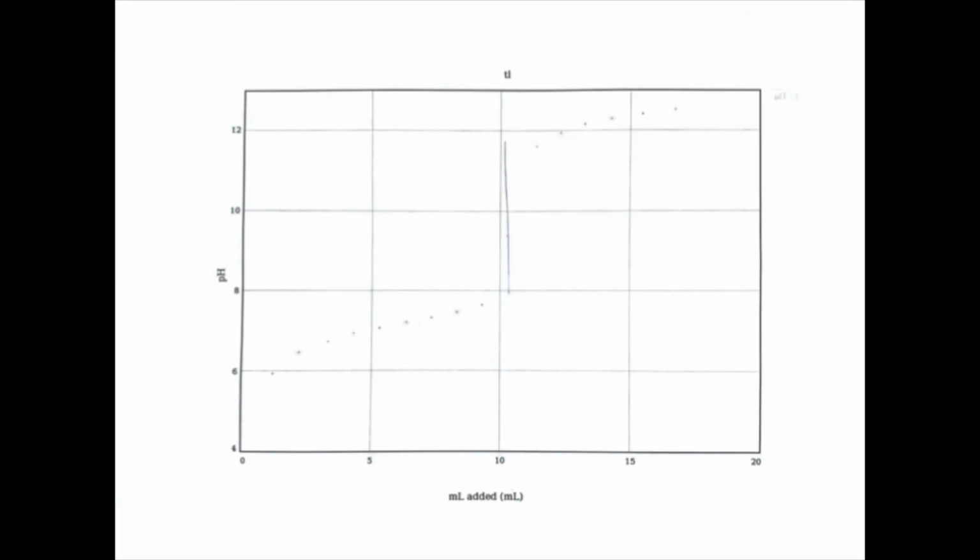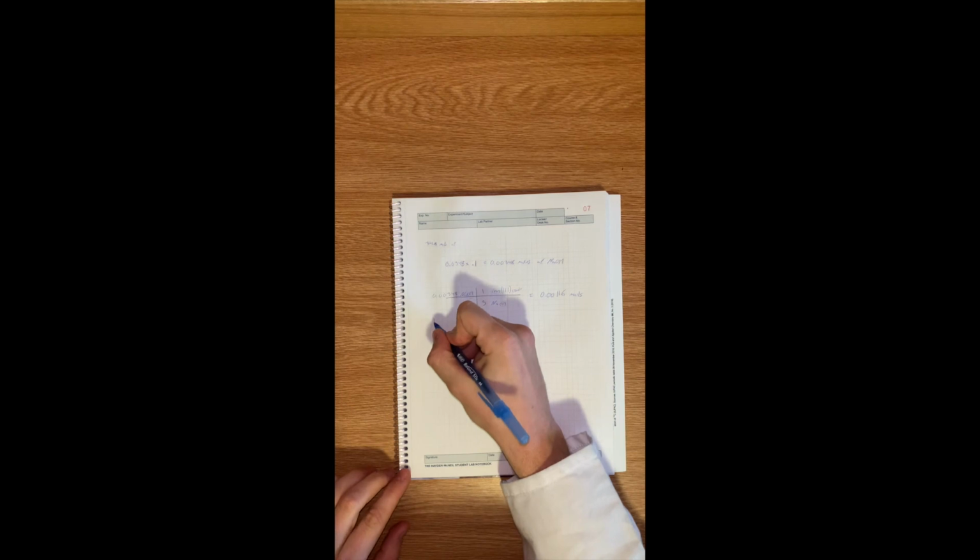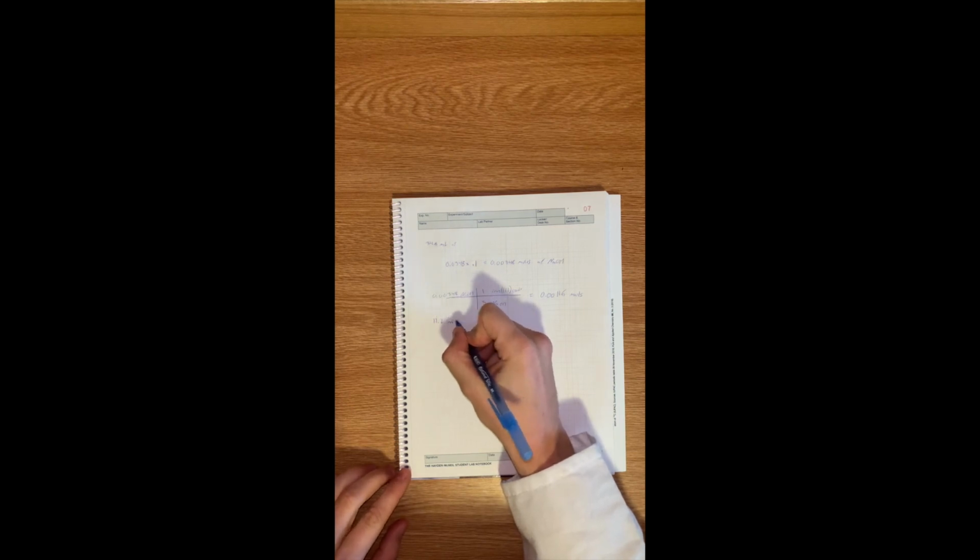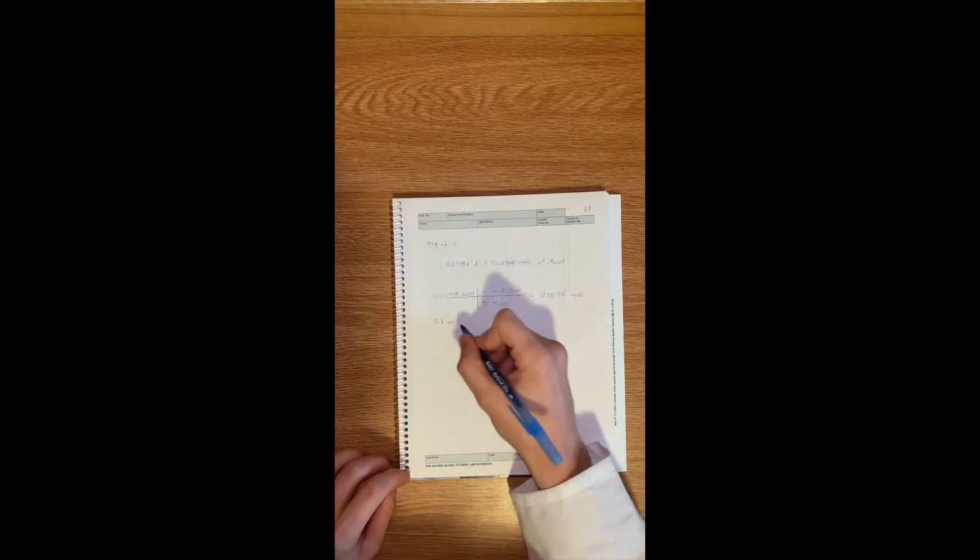Alrighty, the next step is to find the moles of Fe3+ reacted in the reaction. To do this, we're going to use the titration curve that we got during the experiment. It might be hard to find, but your curve should show a specific point where it upticks significantly. For me, that was 11.2 milliliters of NaOH.